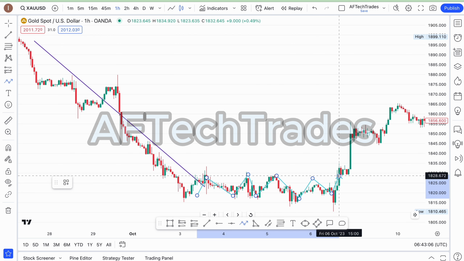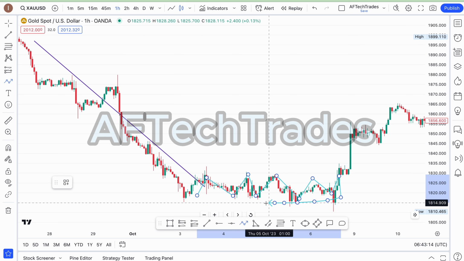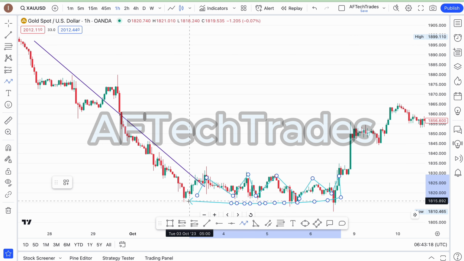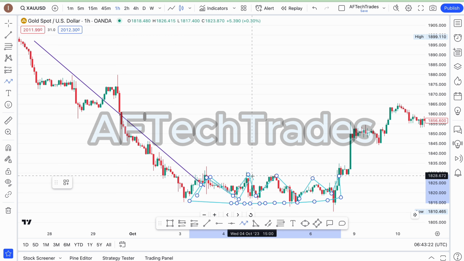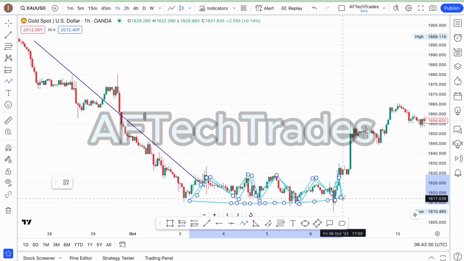As a new or beginner trader, if you don't know all these things, it will end up blowing your account. You can see all this place is a consolidating market. The market was just consolidating sideways. If you remember our definition, we said it's an indecisive market, so there's no decision made here.